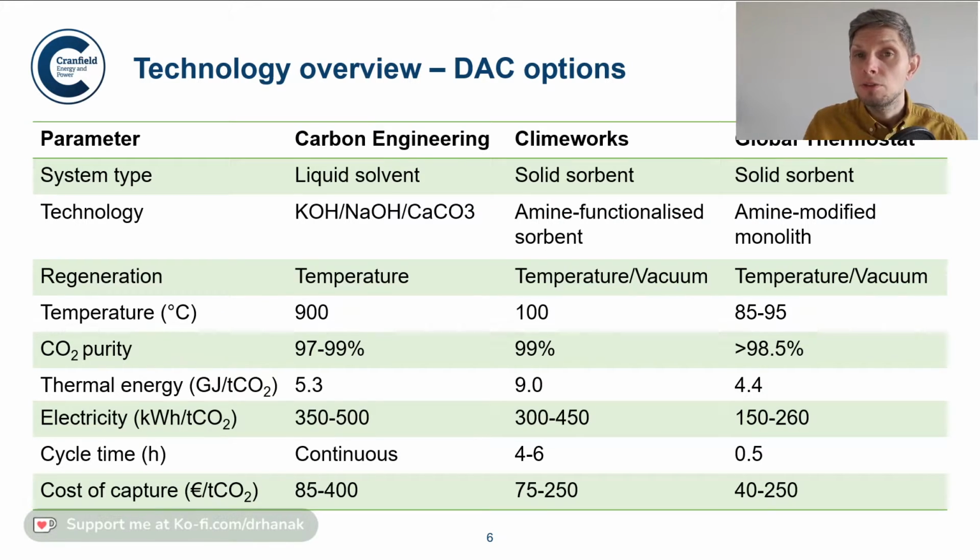So if you can do it now with those technologies, they should be getting paid if direct air capture was included in the EU ETS. But for now, the prices are more like 400 to 600 euro per ton of CO2, maybe 250 for Climeworks and Global Thermostat. So it is still an expensive technology that we could plug in and produce CO2.